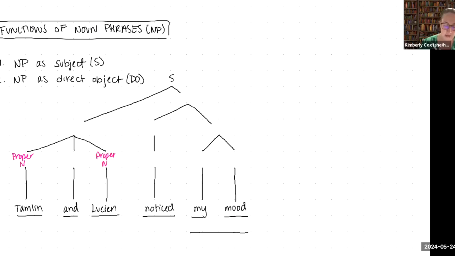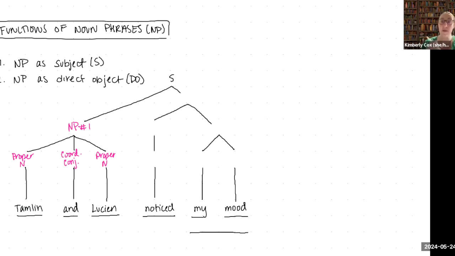And is what is called a coordinating conjunction. In this case, it connects both of these nouns in what is a noun phrase. So this is our first noun phrase, we'll even call it noun phrase number one. Tamlin and Lucian are our occasion for the sentence.